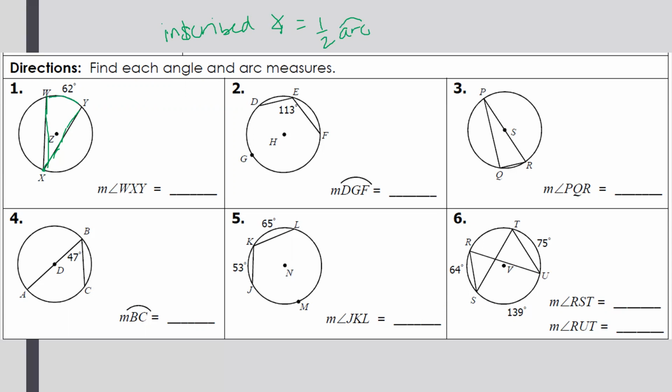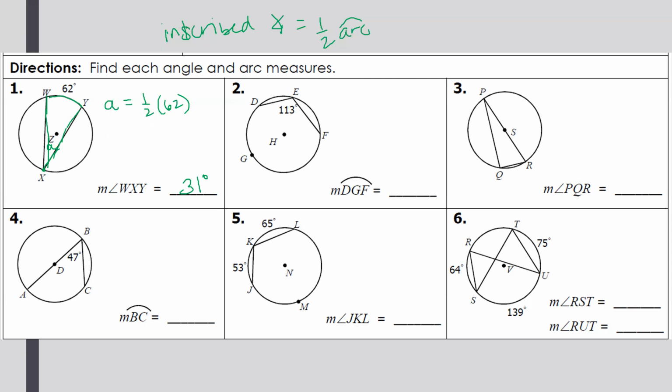So if this arc is 62, then what we don't know is the angle. I'm just going to call it lowercase a for angle. The angle is half of the arc, and the arc is 62. Half of 62 is 31. So the measure of this angle, WXY, is 31 degrees.